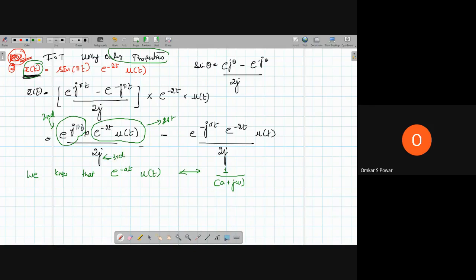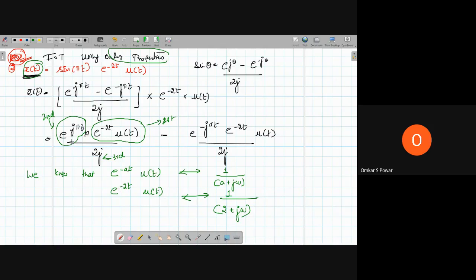So let us go step by step. Let us take e power minus 2t u of t. What is the Fourier transform of e power minus 2t u of t? 1 by a plus j omega. So now I have got the Fourier transform of this one.